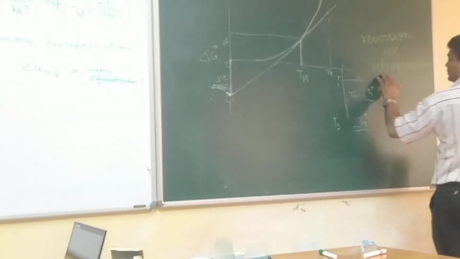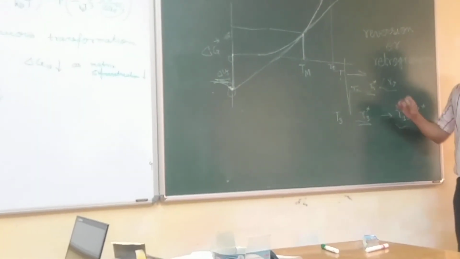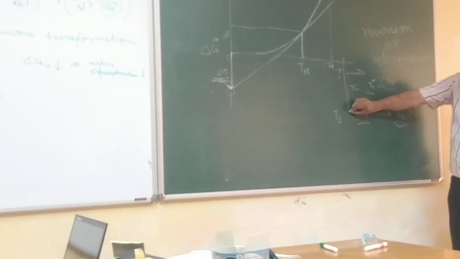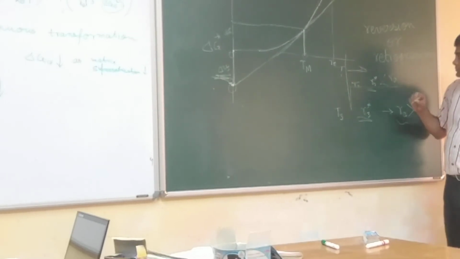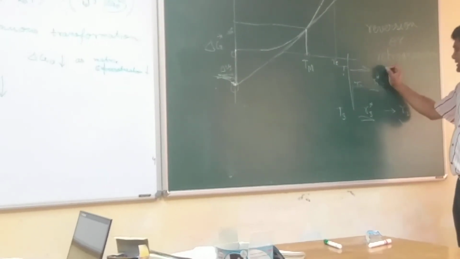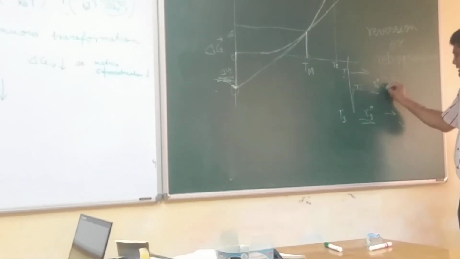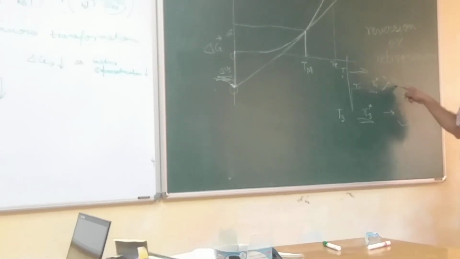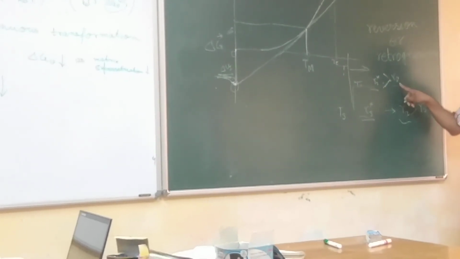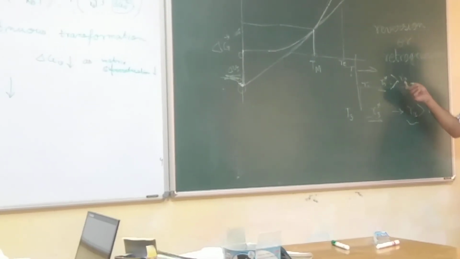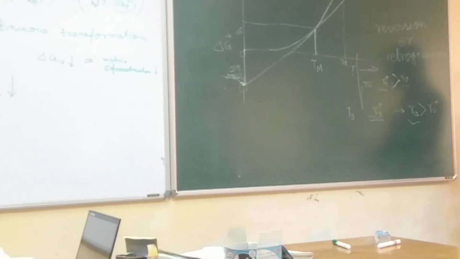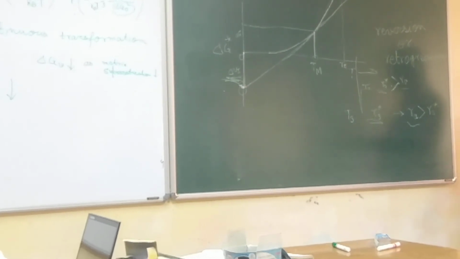This phenomenon is called reversion or retrogression, where if you do upquench to a temperature where your critical nucleus size is greater than the size of the precipitate at that low temperature, then those precipitates will go back to solution and it will take some time.